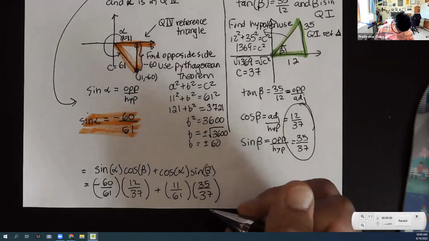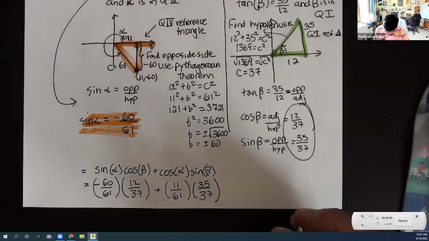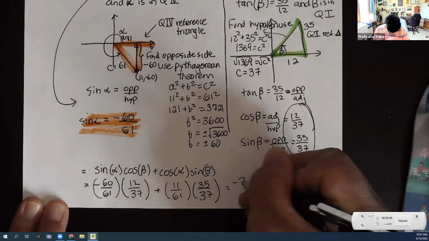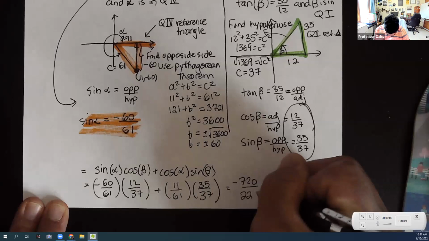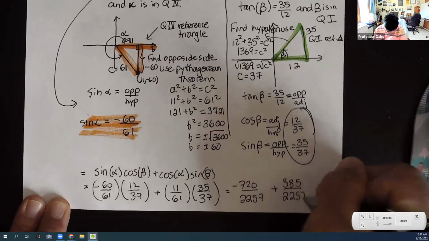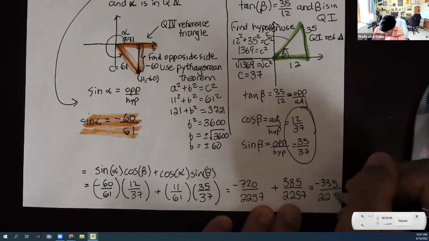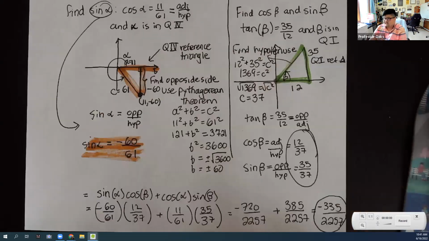If I do that, you do need to add these together, but you don't necessarily need to simplify or reduce. It should be negative 720 over 2257 plus 385 over 2257. So that gives you negative 335 over 2257. I would give that as the final answer.